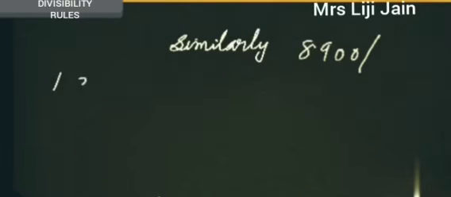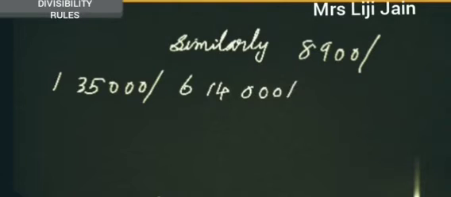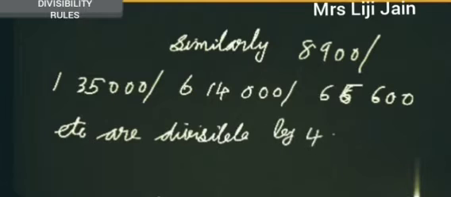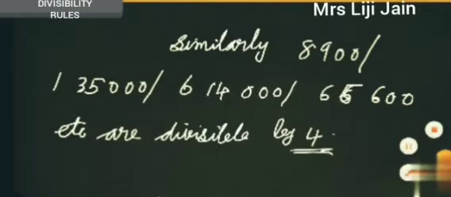Similarly, write the numbers 8,900, 1,35,000, 6,14,000, 65,000, 66,600, etc. are divisible by what? Yes, divisible by 4, isn't it?